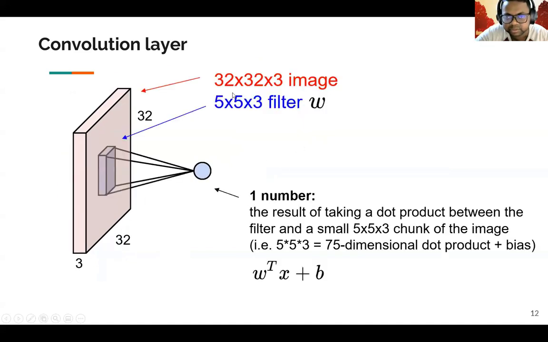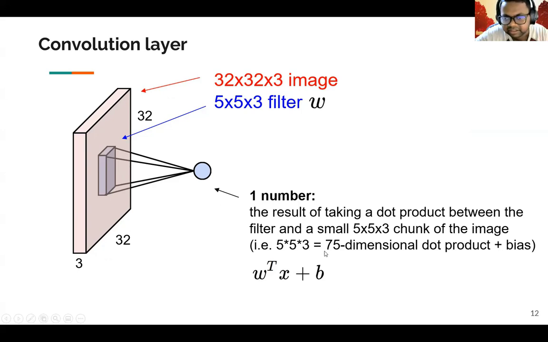So in other words, what's happening is that if you use a 5 by 5 by 3 filter, that's your W, and you apply that convolution on one particular patch of the image, then that patch is going to give you 5 by 5 values. And in other words, your weights are going to be 5 times 5 times 3, which is 75, plus a bias.